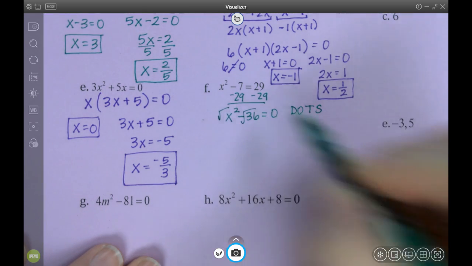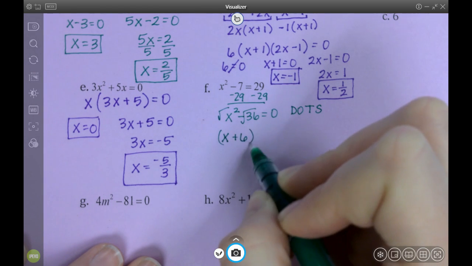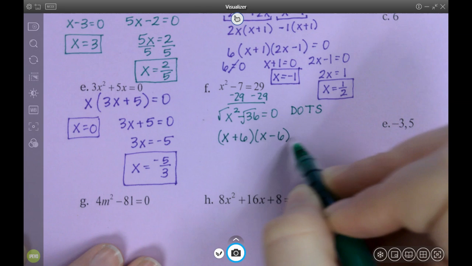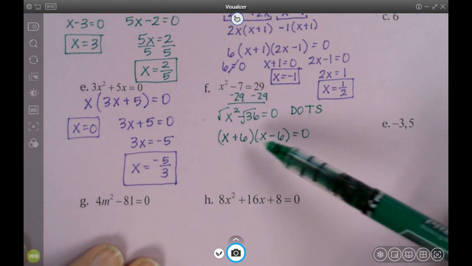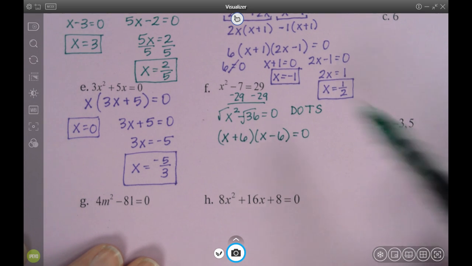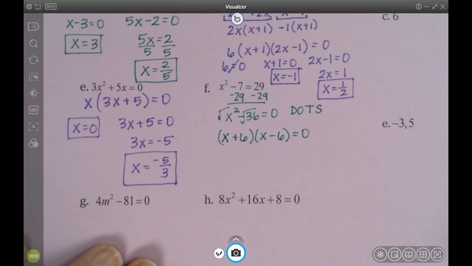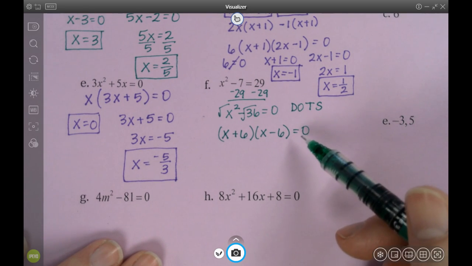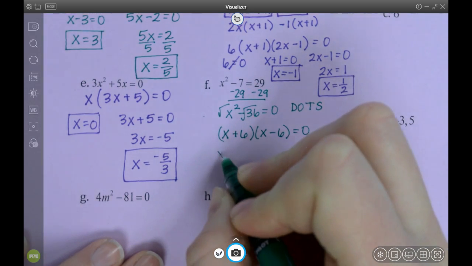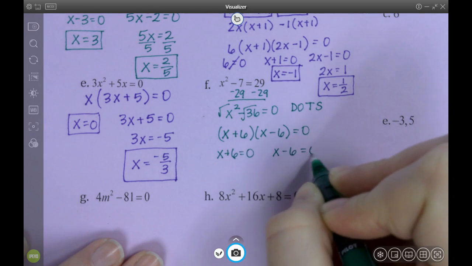So we're going to square root them. And then you're going to have one factor that's a plus and one factor that's a minus. Then it's double dots? Nope. Why not? Double dots is when it factors again, when these in here are both difference of 2 squares. I can't remember that because my brain is... But you remember double dots. All right, so now it's factored. Set each one equal to 0. You're still going to get x equals plus or minus 6. We just did it a different way.